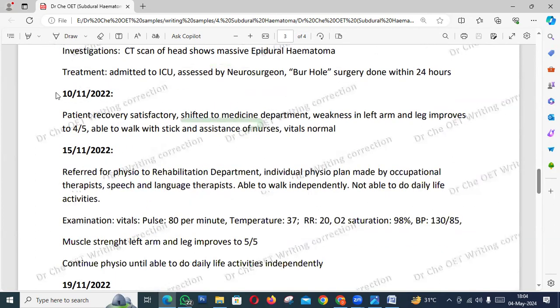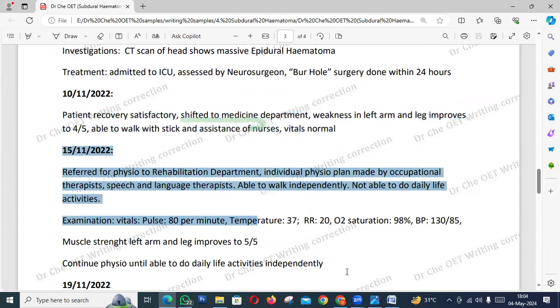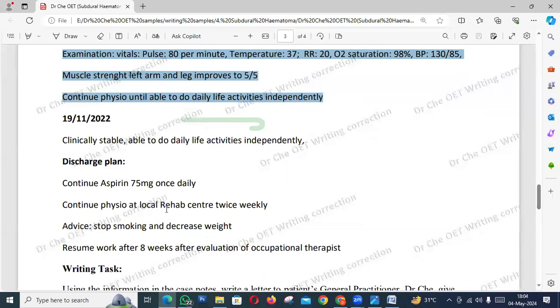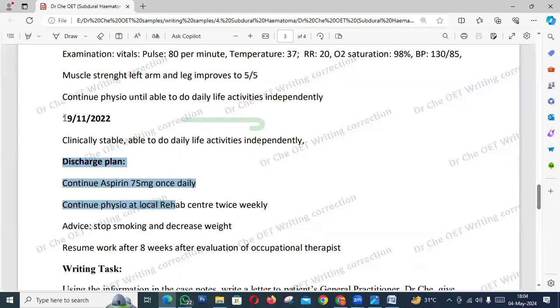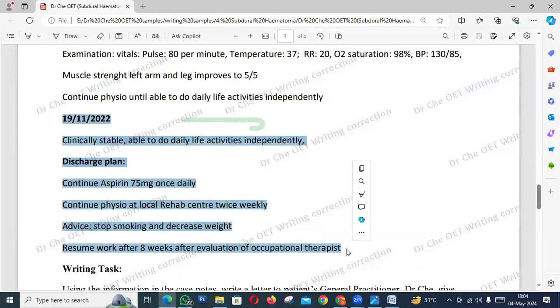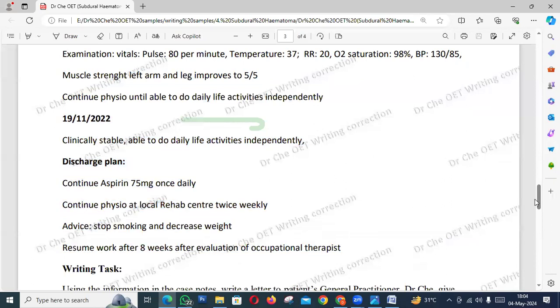Then write this in the next paragraph, and this in the next. At the end, you will write the discharge plan in a separate paragraph. The last date, today, and the discharge plan, you can write together in one paragraph.